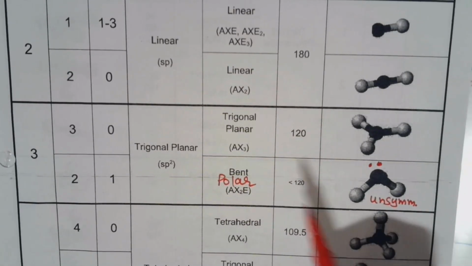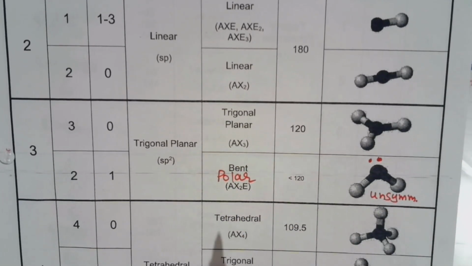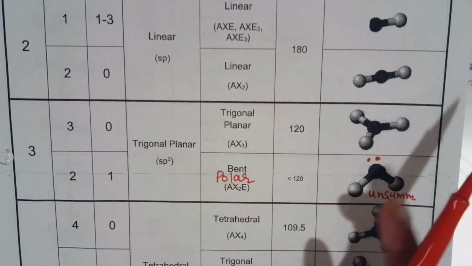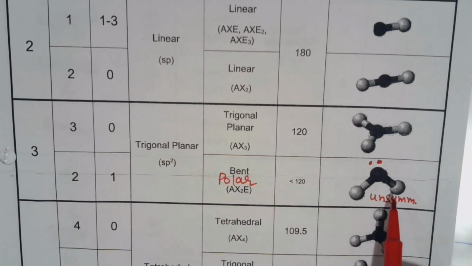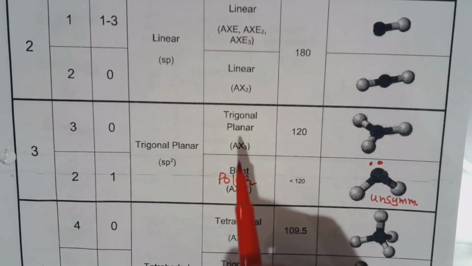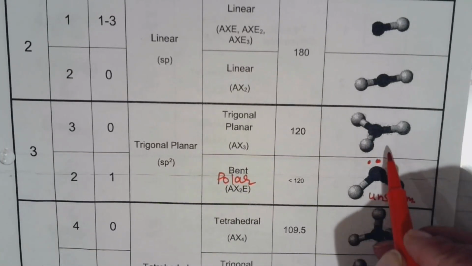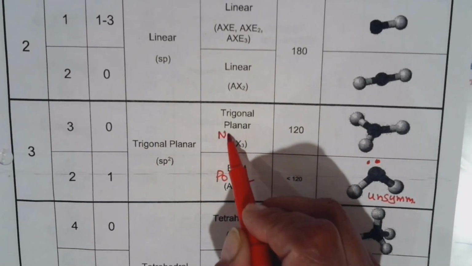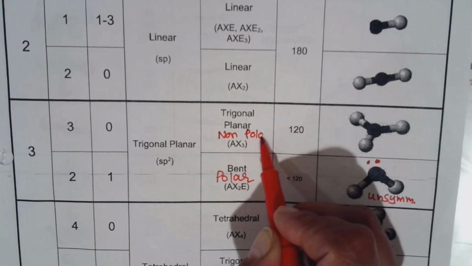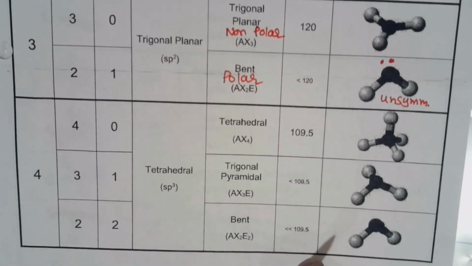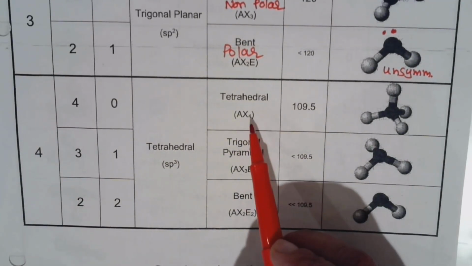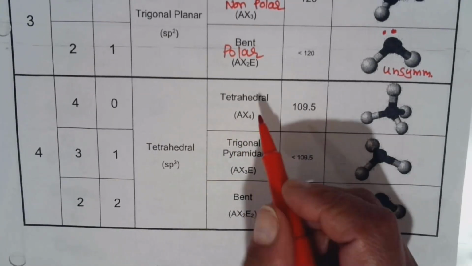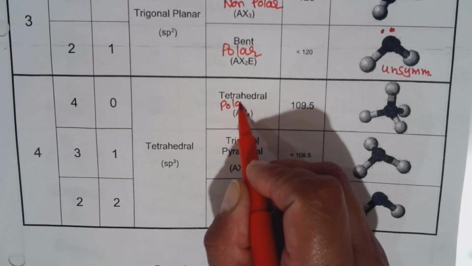Okay. Now in trigonal pyramidal, we replaced one bond pair with a lone pair, and then it becomes unsymmetrical and hence polar, right? So this trigonal planar is symmetrical and this is non-polar, right? And now let's consider steric number 4. AX4, when all the X atoms are the same, the shape is symmetrical. So this is symmetrical and hence non-polar, right?